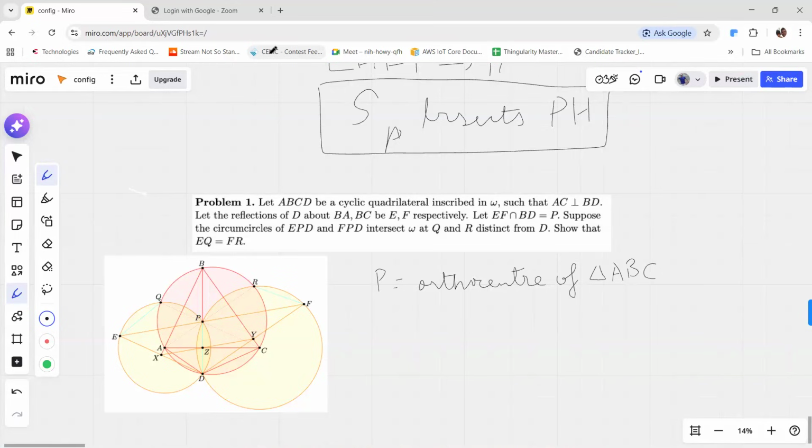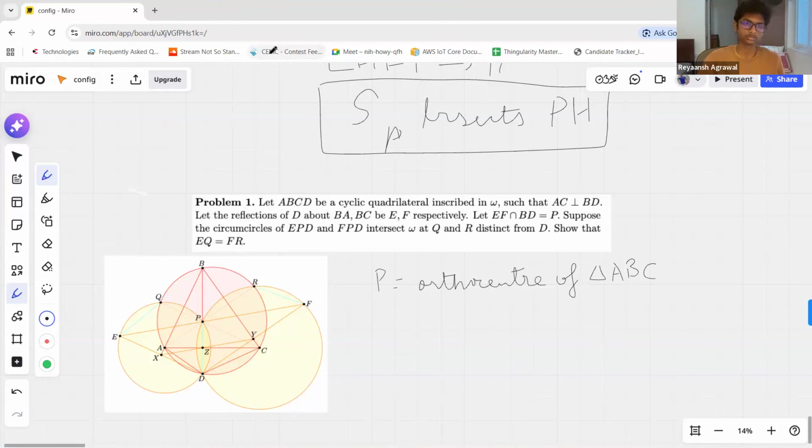AB is the perpendicular bisector of DE. So what happens if AB is the perpendicular bisector of DE?